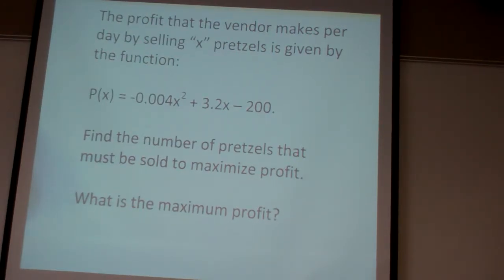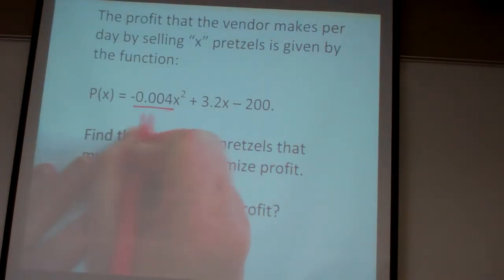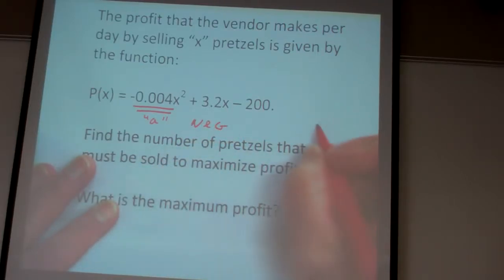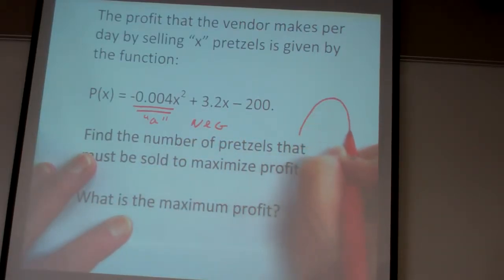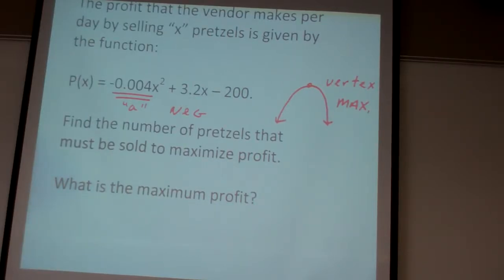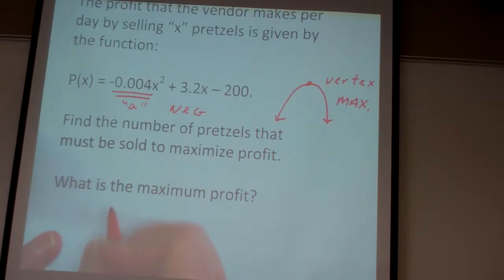But this time, you'll notice that our a value is negative, which means our parabola is a downward opening parabola, and therefore our vertex represents a maximum. So in this case, we are still trying to calculate our vertex.